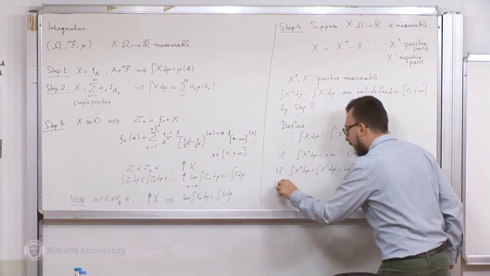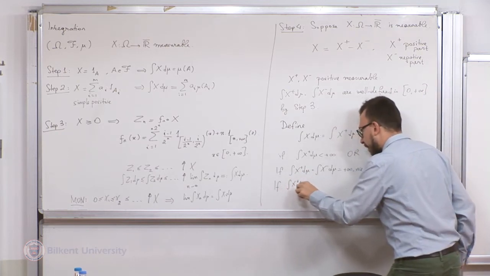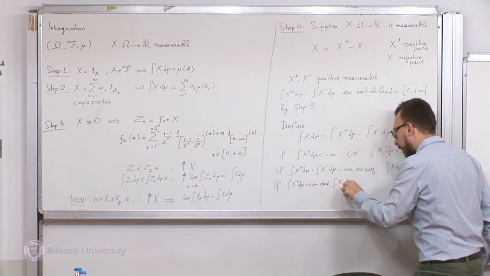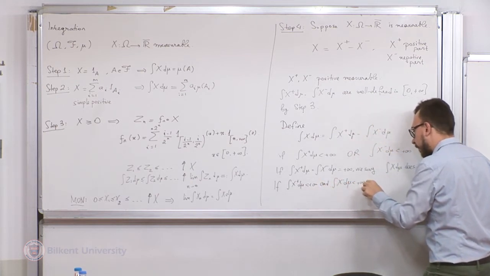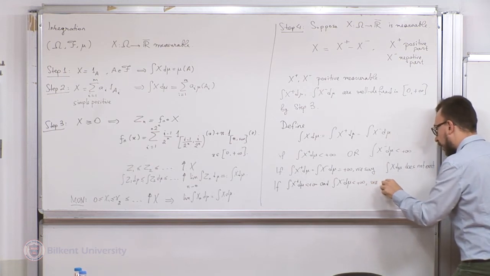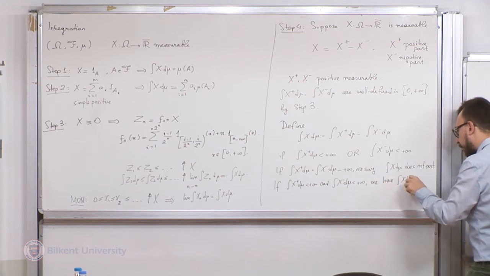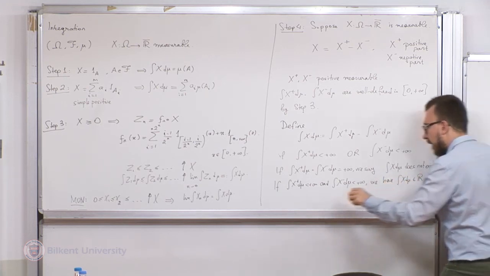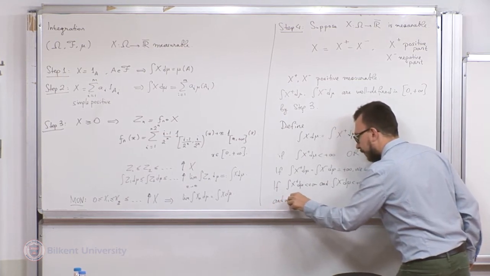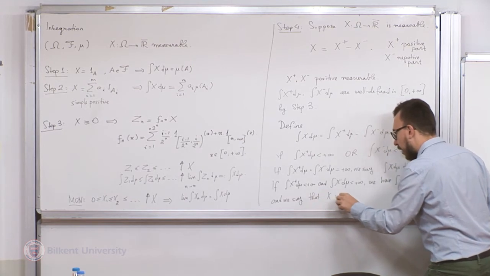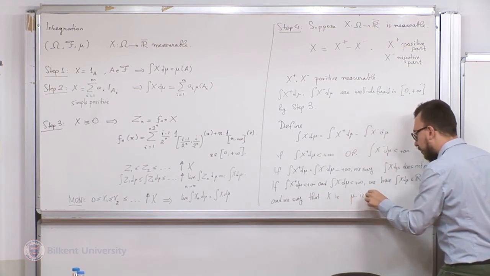And if they are both finite, we have the integral of x d mu a real number, and we say that x is integrable or mu integrable.